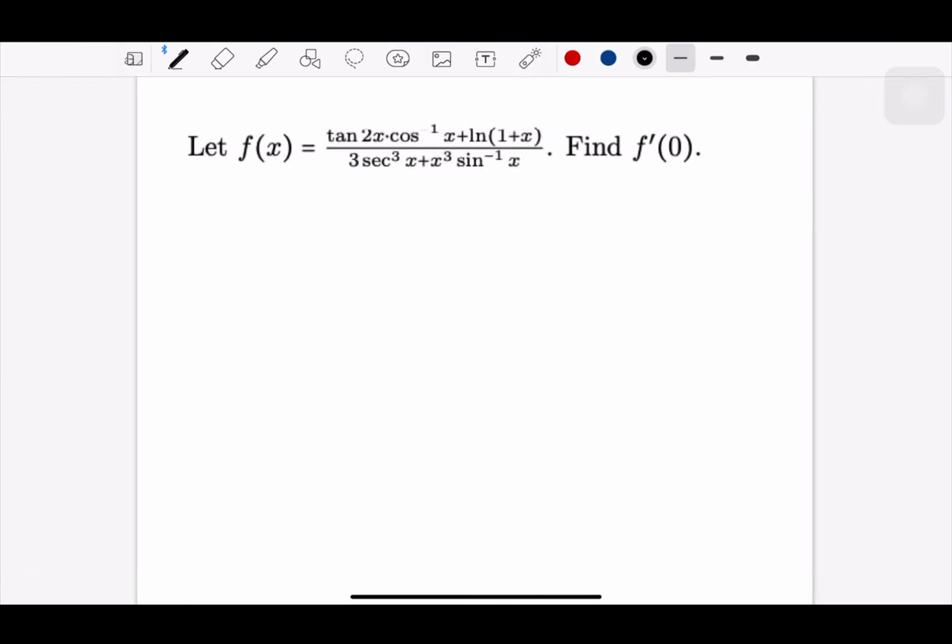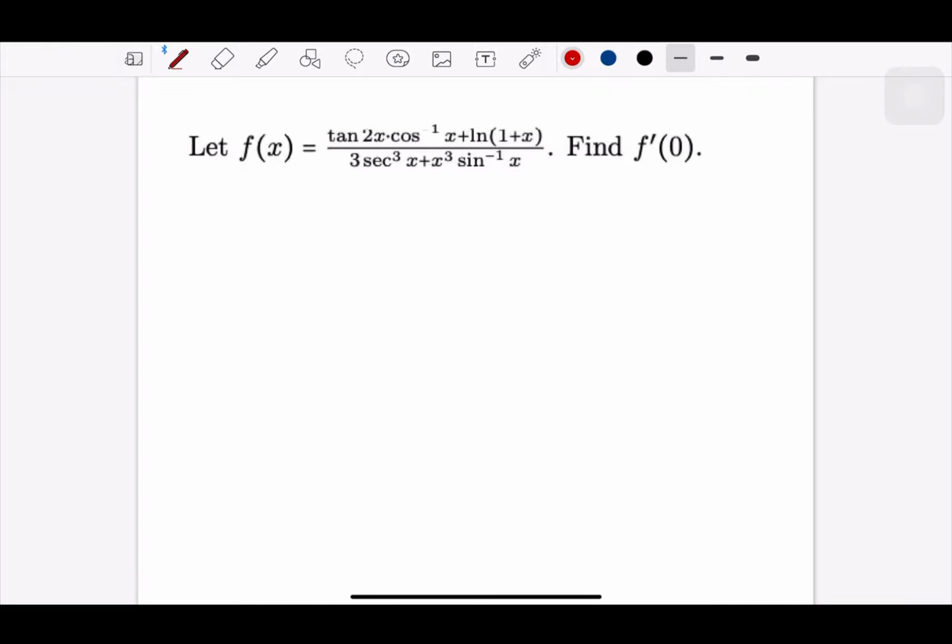This one is again a little bit complicated function, but let's try and check whether we can solve it or not. It seems that it's complicated, right?